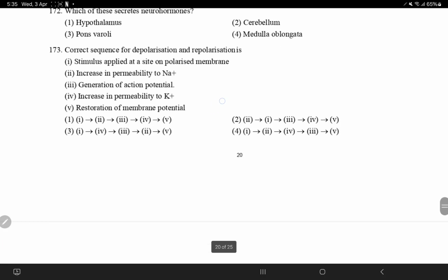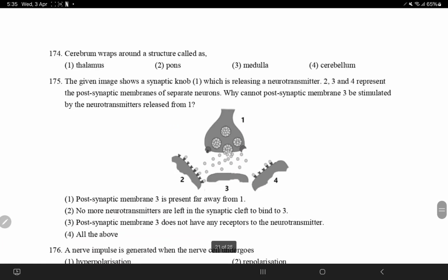So 1, 2, 3, 4, 5. Cerebrum wraps around a structure, thalamus, that we otherwise call the sensory relay station.